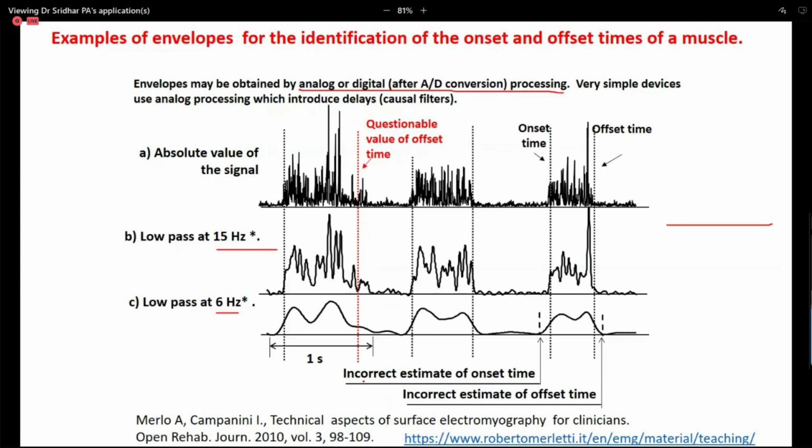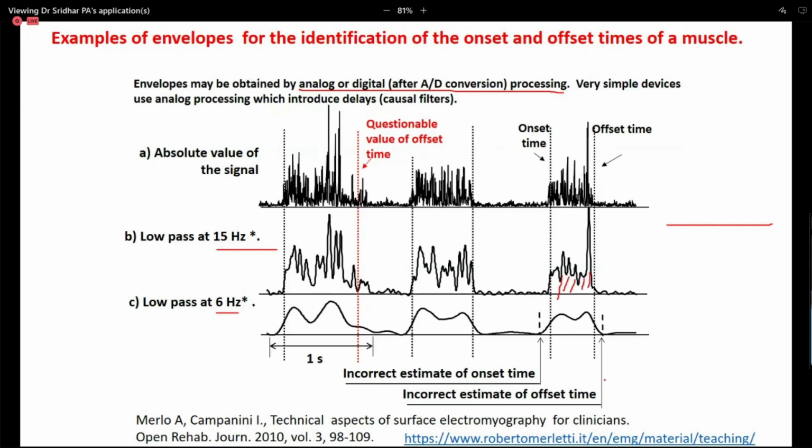That will lead to incorrect measurement of your other features. So it is important to get a better onset time and offset time to see the activity of the muscle during this particular interval of time.